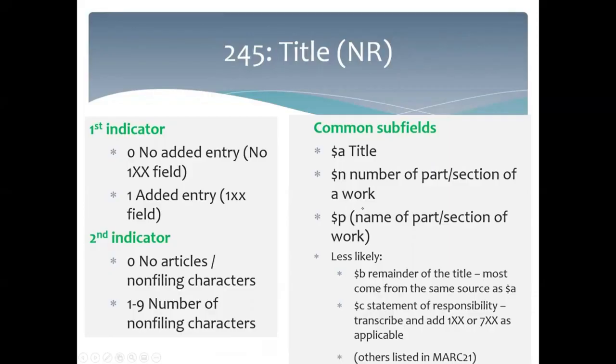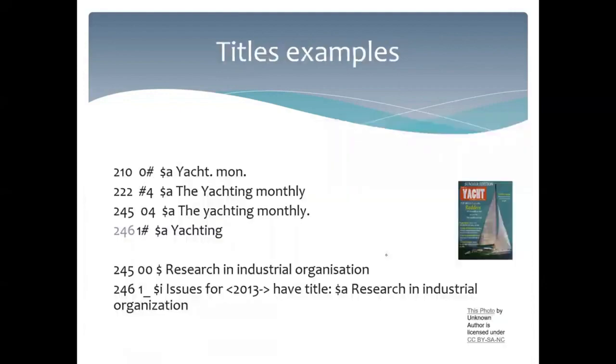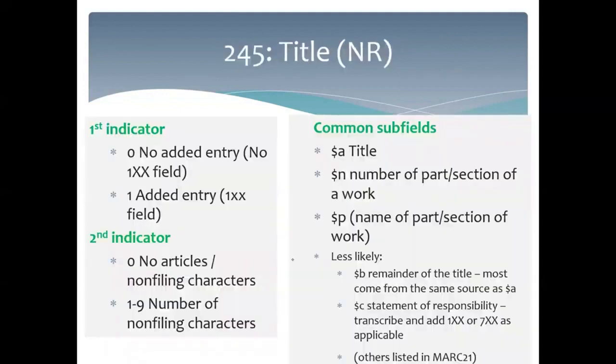It really depends upon how big your library is, and whether or not you select a lot of scholarly academic journals where you might encounter numbers and parts. Numbers and parts are more likely when you have something like a sub-series or part of something else.